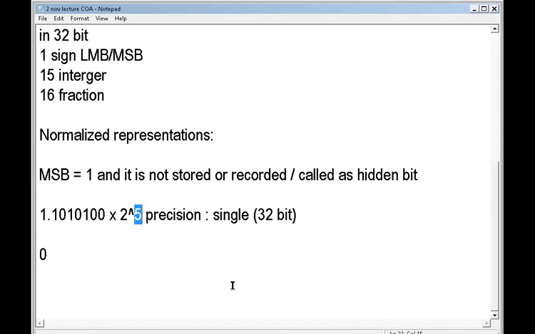So excess 127 means 127 plus 5. That means 132 is going to be stored as the exponent. So we have to write an 8-bit exponent for the decimal value 127 plus 5, right?